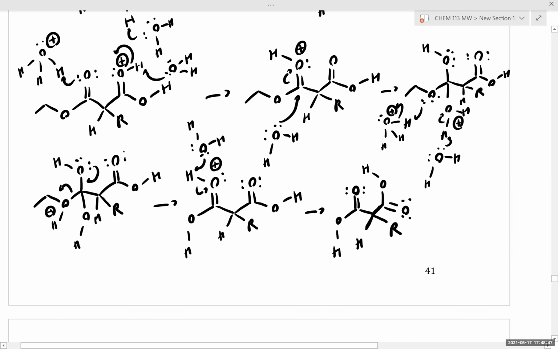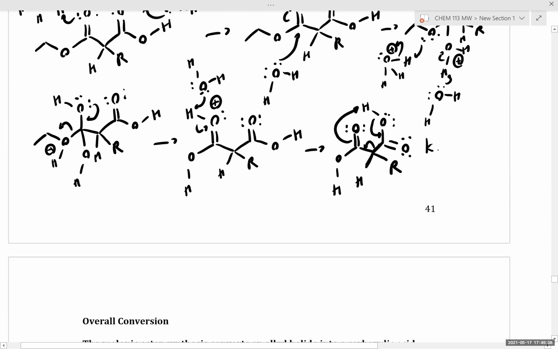And now we're ready for the key step, where we abstract a hydrogen from one of our carboxylic acids. We form a carbon-oxygen double bond, and in turn, we generate the enol tautomer of our carboxylic acid.